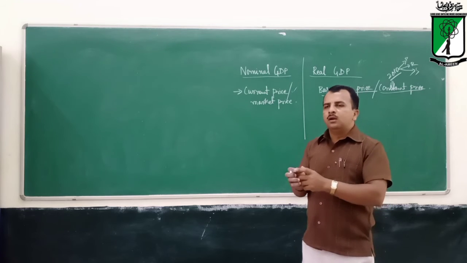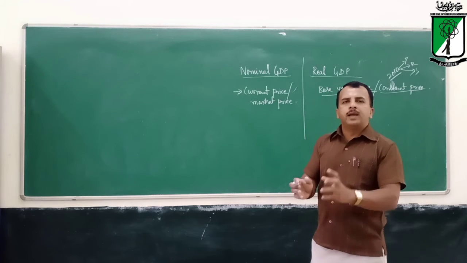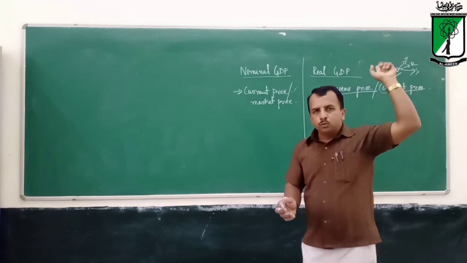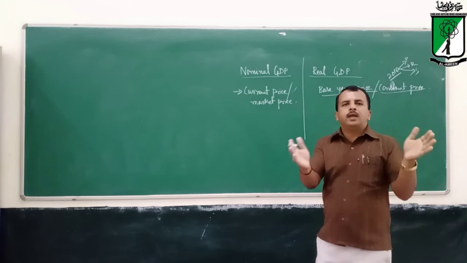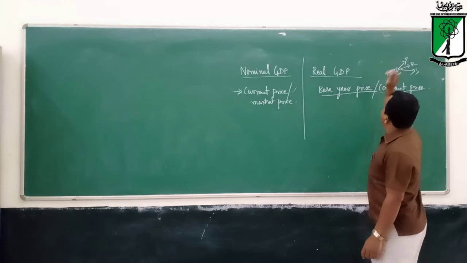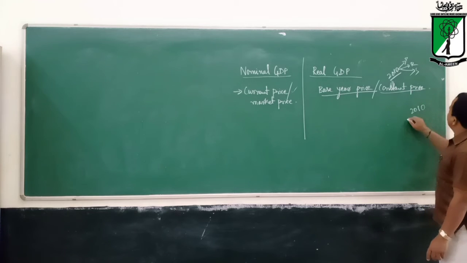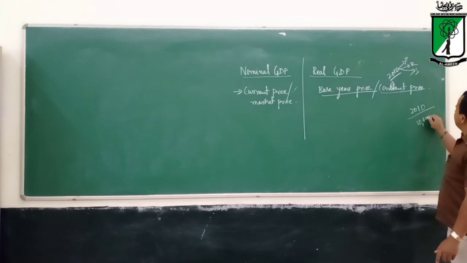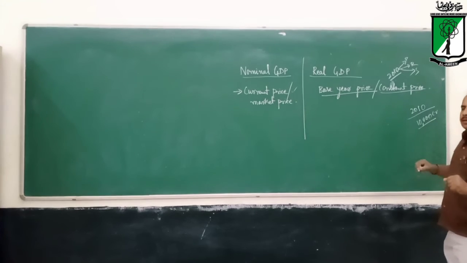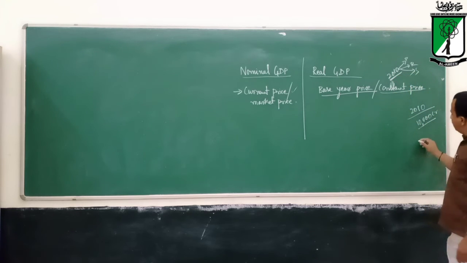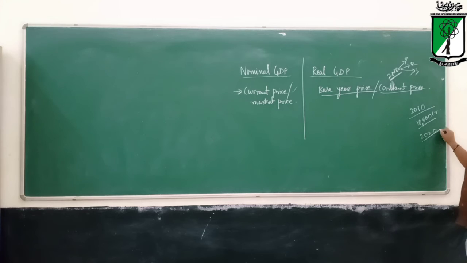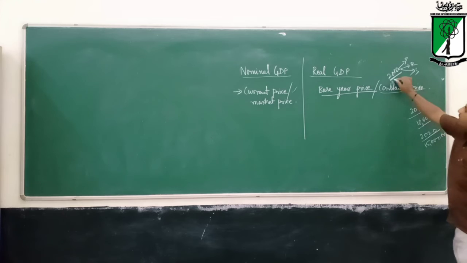So when we measure this year's national income by taking the prices of 2010, we come to know the actual national income. For example, in 2010 the national income was, let us take, 10,000 crores. If we measure the 2020 national income based on these same prices and it comes to 15,000 crores, by considering the 2010 prices.